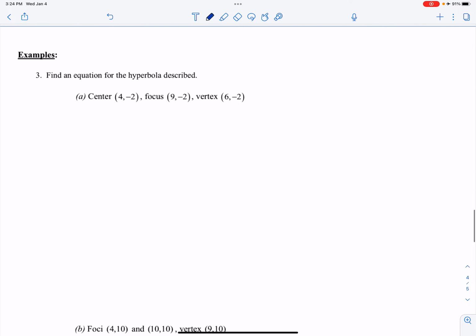Okay, find an equation for this hyperbola. The center is 4, -2. The focus is 9, -2. The vertex is 6, -2.